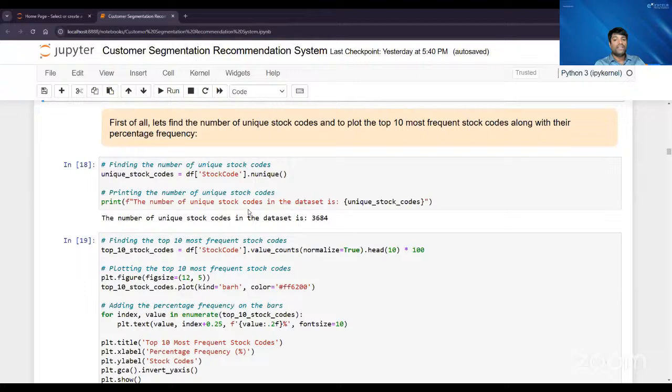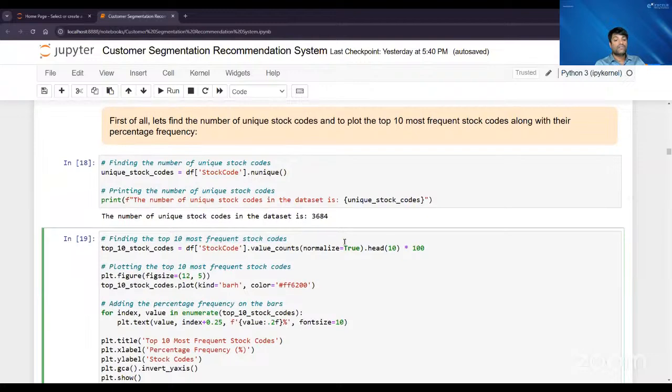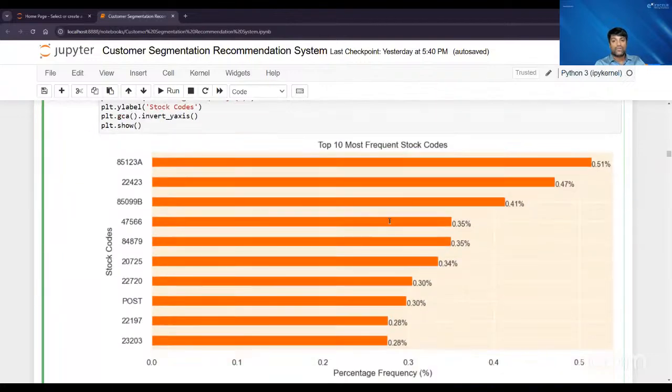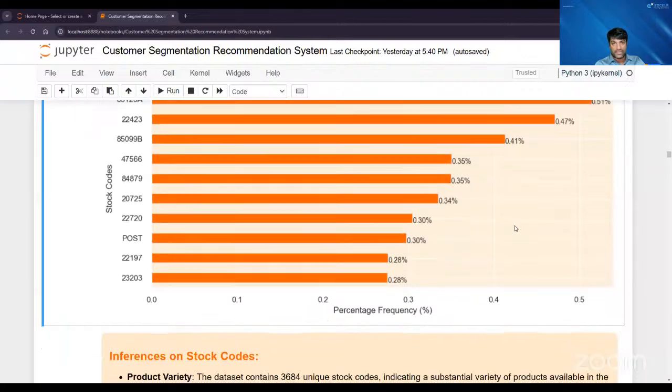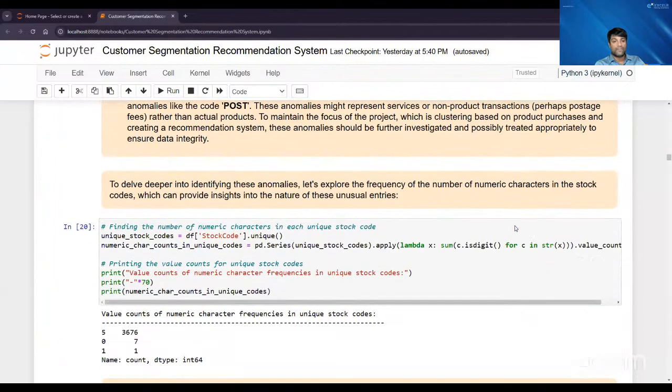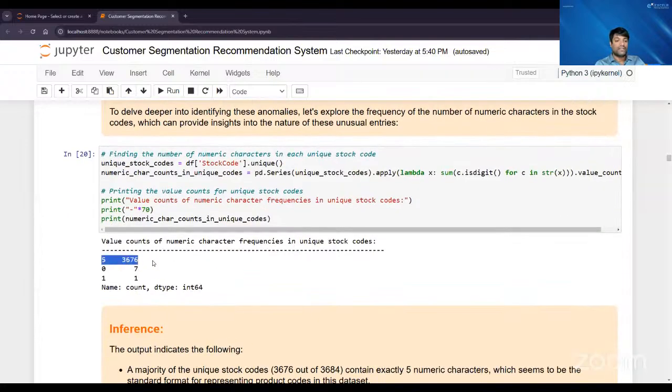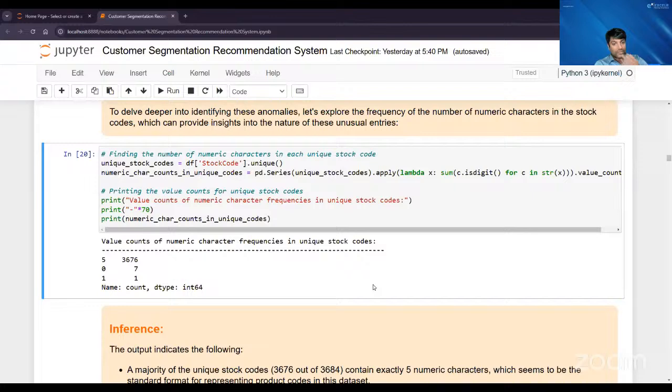Then we tried identifying the unique things, and the topmost things, by plotting the graph. We started identifying the most frequent stock codes. After that, we counted how many letters are in the stock code. By that we can identify that there is an issue, because a stock code cannot be 0 or 1.